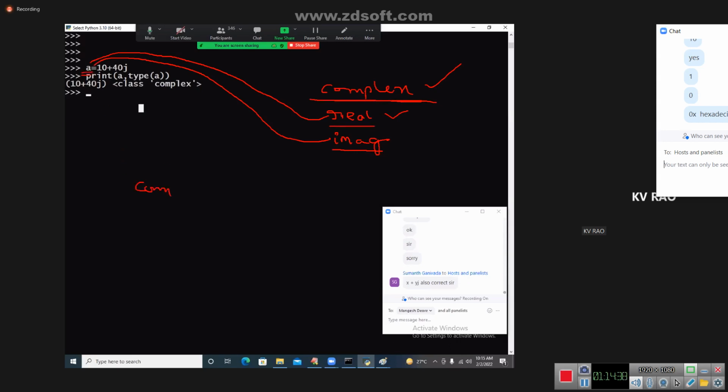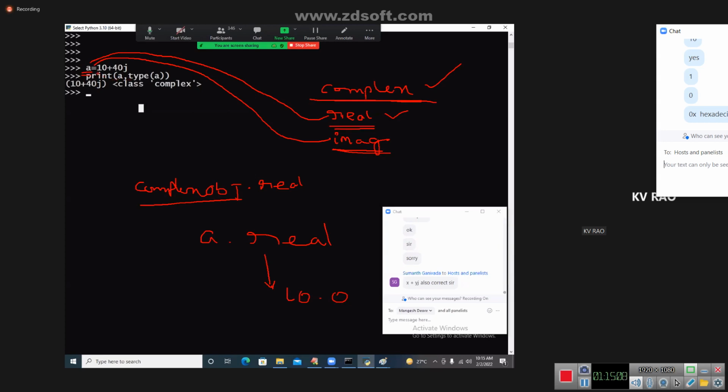Complex object dot real. That means, with the complex object A, A dot real. What is going to print here? It is going to print 10.0, because complex numbers store the data internally in the form of floating point values.